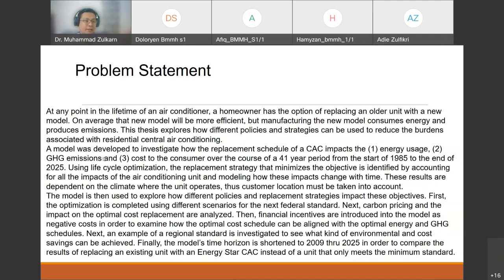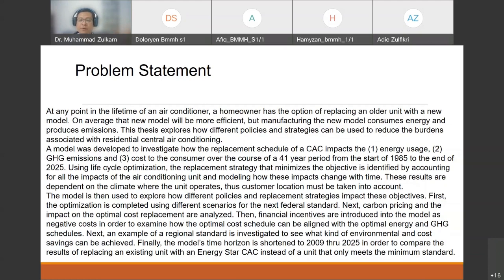A model was developed to investigate how the replacement schedule of the CAC impacts, first, energy usage, GHG emission, and cost to the consumer over a 41-year period. This one is an example.